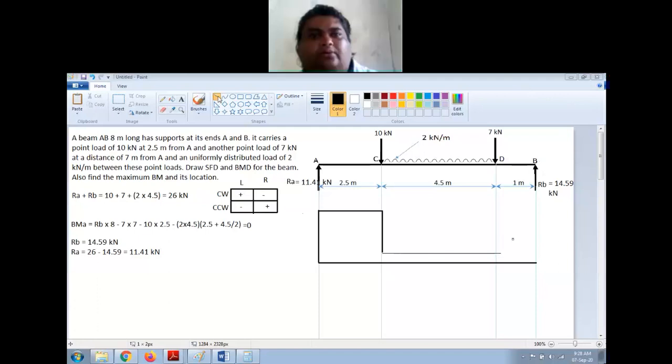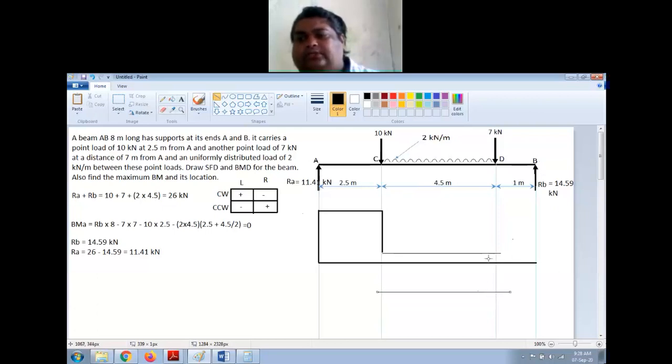Now I will draw another line at this point. Now this distance is representing the total shear force because of UDL, which is 2 into 4.5, 9 kilonewton. So this is 9 kilonewton. Is that okay?